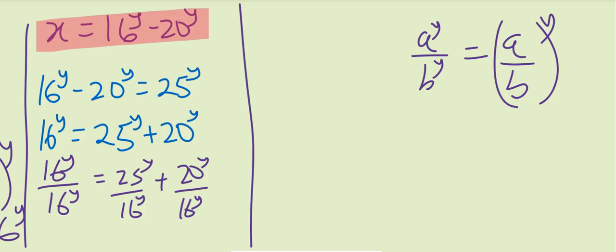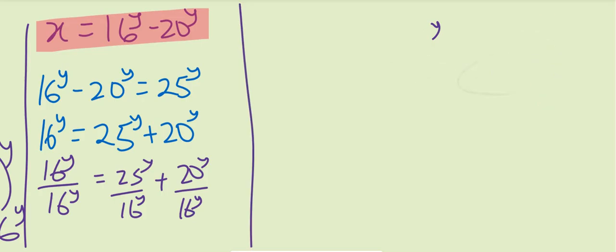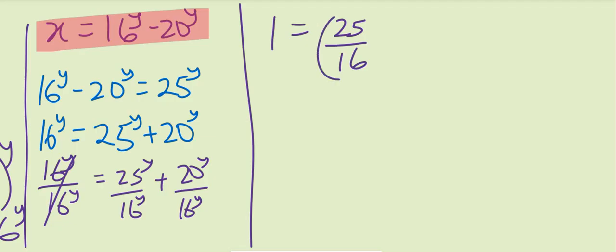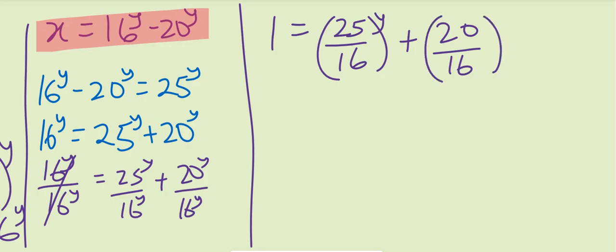So this gives, I have 16 cancel 16. I have 1 equals 25 over 16 to the power of y plus 20 over 16 to the power of y. This can be reduced to 5 over 4, while this can be expressed in exponential form where 5 over 4 will be the base.